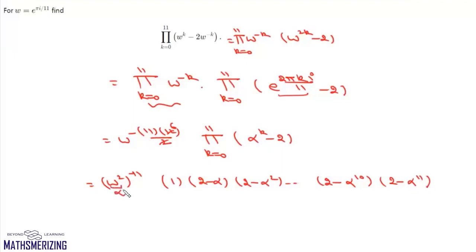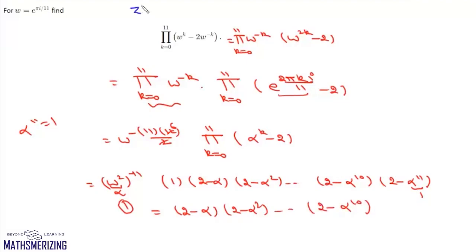Now omega square is alpha, and alpha is the 11th root of unity. So alpha to the power 11 is 1. So this value is 1. This value is also 1. So we'll get this series as 2 minus alpha into 2 minus alpha square up to 2 minus alpha to the power 10. Now we know that if alpha is the 11th root of unity, we can write z to the power 11 minus 1 as z minus 1, z minus alpha square, up to z minus alpha to the power 10.